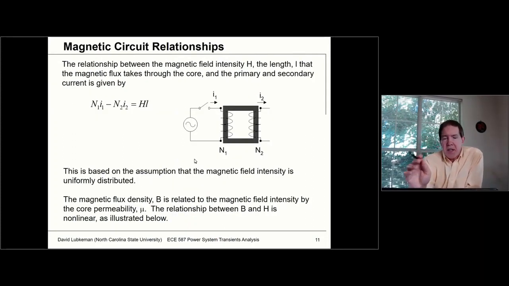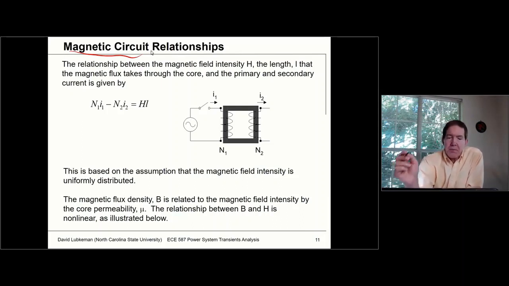So again, what's going to be the basic set of relationships? First of all, we've got these magnetic circuit relationships for current and for voltage, and how they relate to the magnetic circuit themselves, which we talk about in terms of magnetic field intensity and flux density.